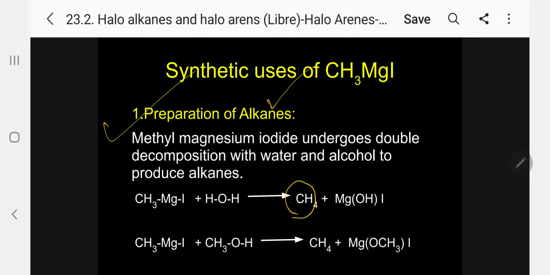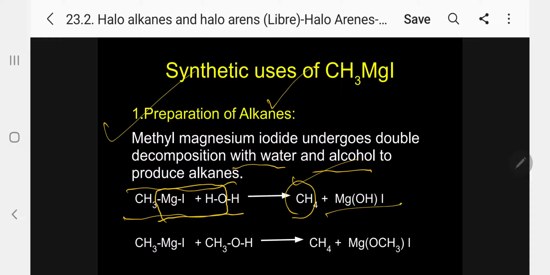Kindly follow. Methyl magnesium iodide undergoes double decomposition with water or alcohol to produce alkane. When you treat it, because it needs only hydrogen, the MgI takes this OH and CH3 takes H to become methane, and MgOHI will form. So methane is produced.